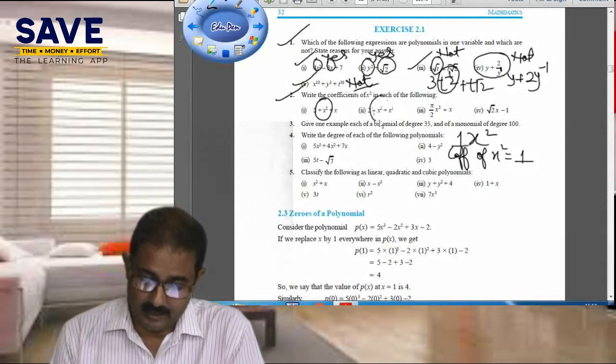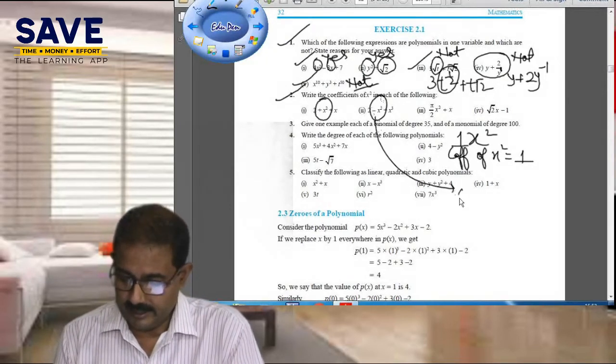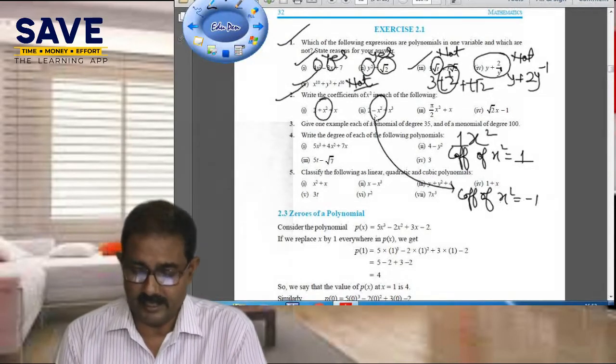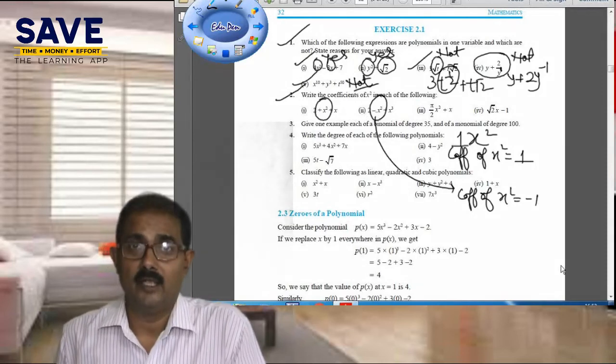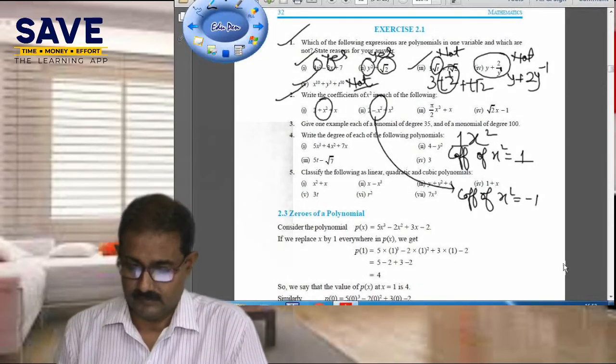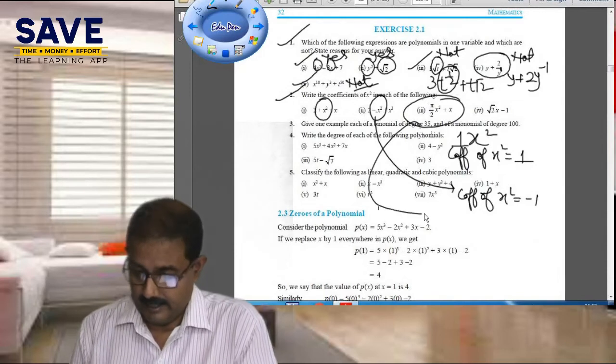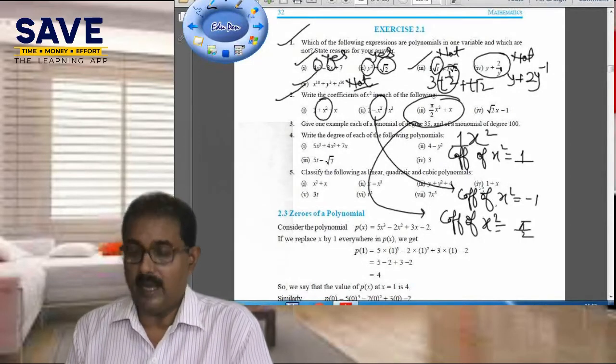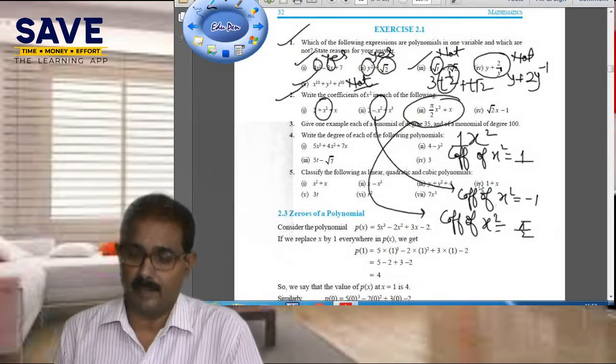In the second part of this question, the coefficient of x square is -1 because here it is minus x square. In this, the coefficient of x square is pi by 2 because it is pi by 2 x square.